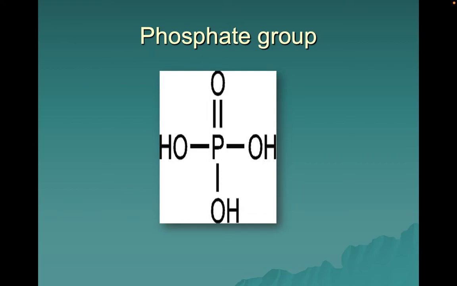Again, if I were to ask you to count the number of bonds between phosphorus and the other atoms around it, I hope you can have a go at counting and come up with the number 5, because we can see that there is one connection there. So that's 1, 2, 3, and then a double bond, but you count each connection separately. It's 1, 2, 3, 4, and 5 bonds.